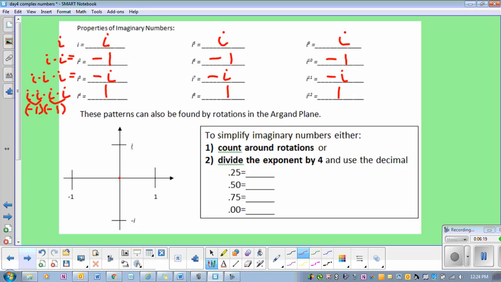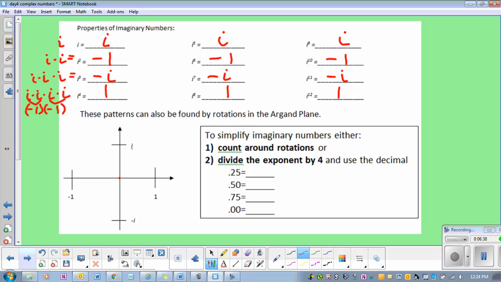You can count rotations to see what you get: i, -1, -i, or 1. You can count around the rotations, or you can divide the exponent by 4 and use the decimal.